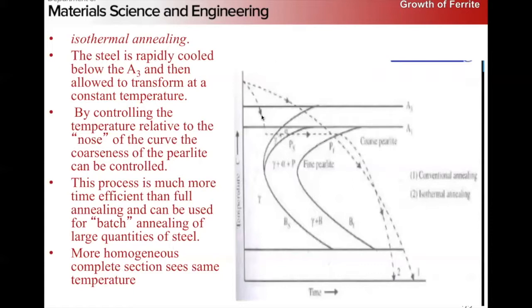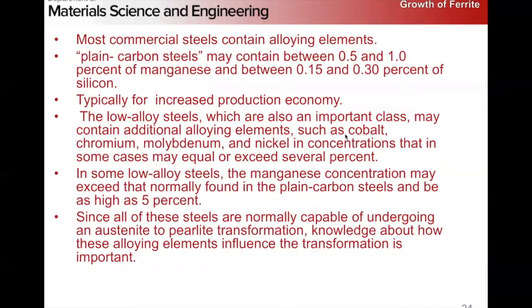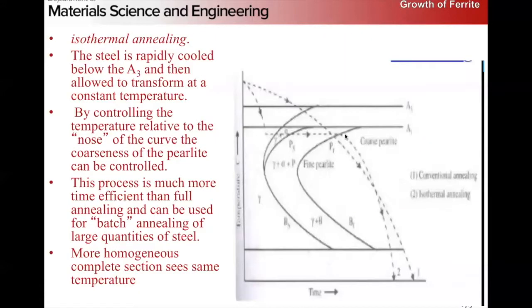So if this is the temperature, here's the conventional annealing, right? And we have to cool slowly to make sure that we're in this coarse pearlite region. With the isothermal anneal, we rapidly cool. We make sure that we're still out in front of our CCT curve. Then we hold that temperature and allow the pearlite to nucleate and grow. And this gives a more time-efficient process than full annealing.